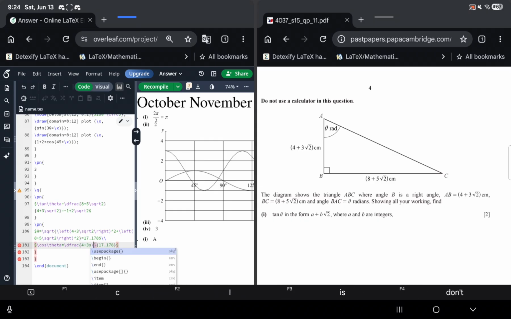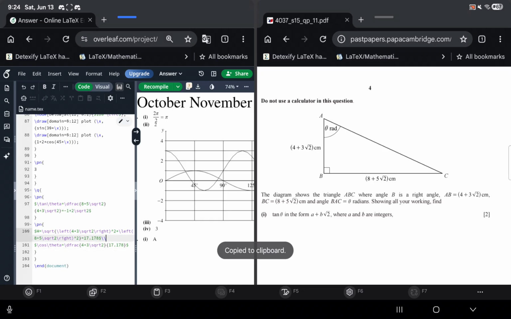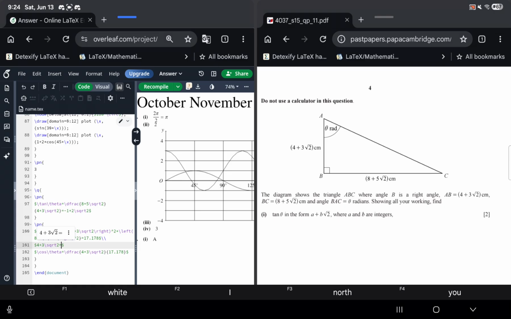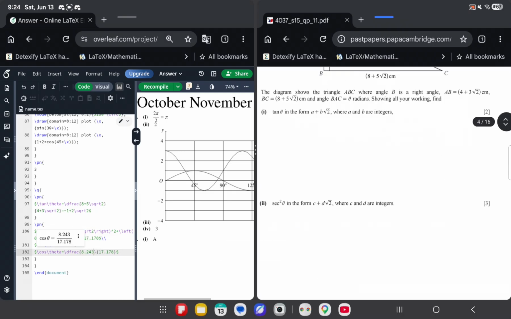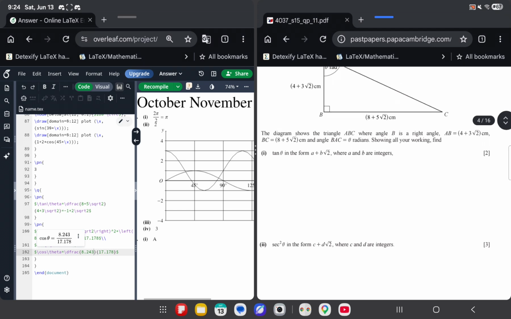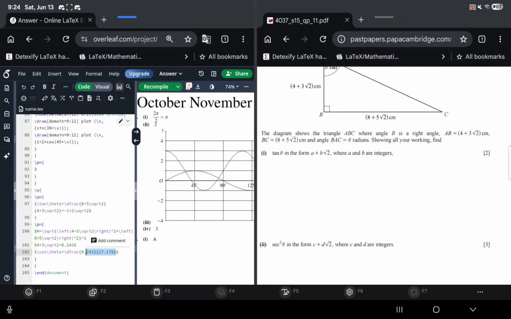It is 4 plus 3 square root of 2, which is 8.243. No, we want it in the form of this. Wait.